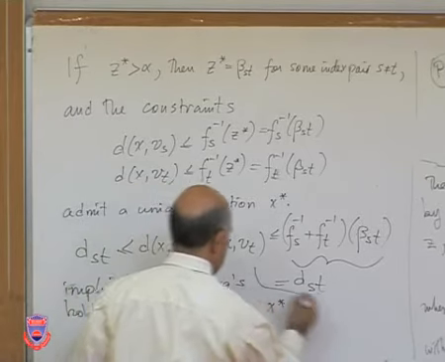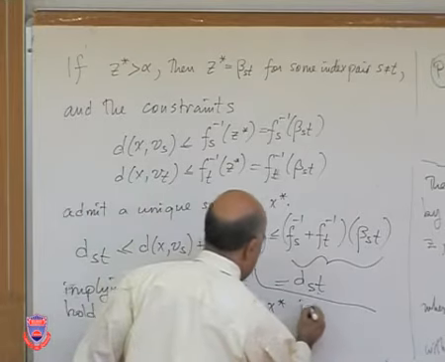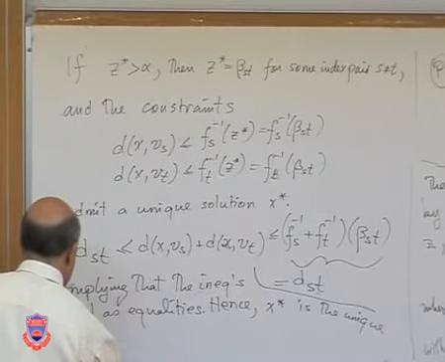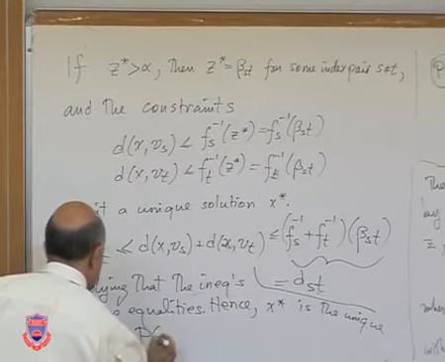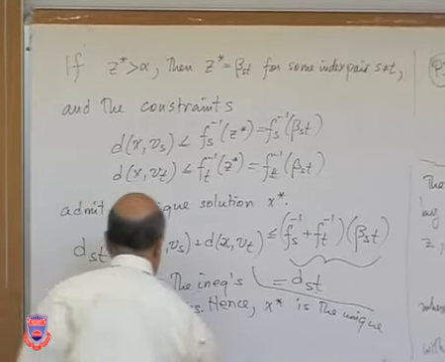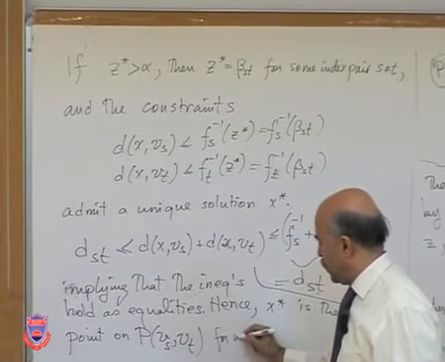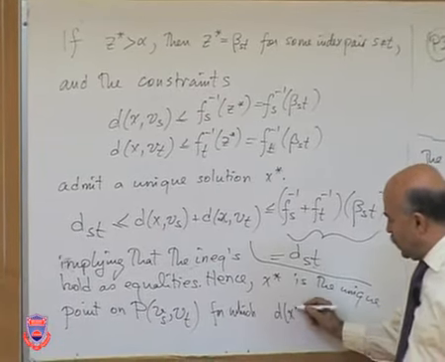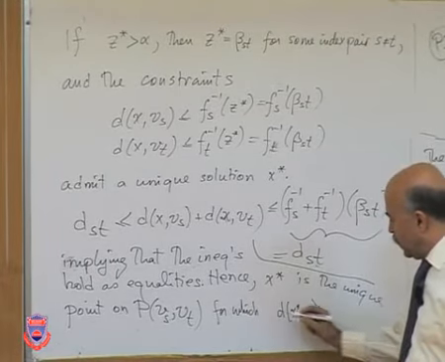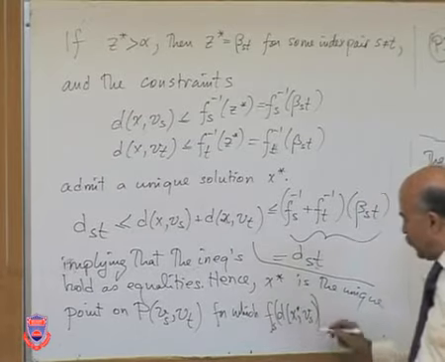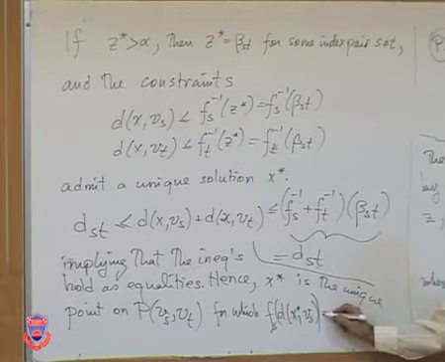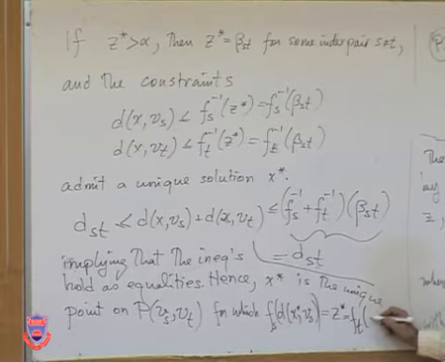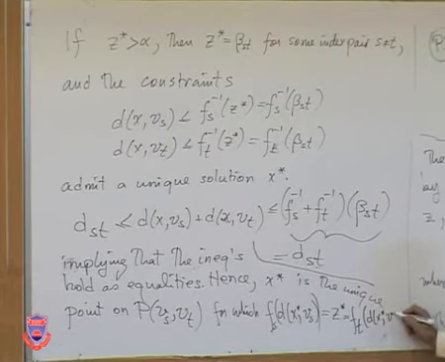So x star in this case is the unique point on the path connecting S to T for which the distance between x star and Vs, when you evaluate it at the loss function associated with S, is equal to Z star, which is also equal to Ft evaluated at the distance between x star and Vt.